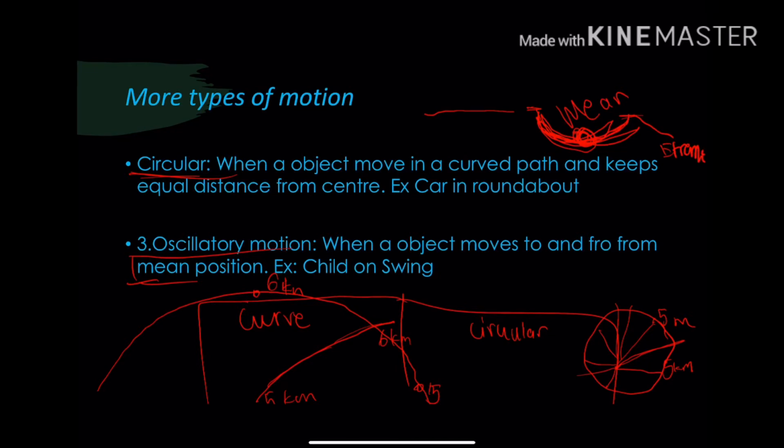The distance from the mean position to the extreme position is called amplitude. So, guys, if you don't understand, I'm going to explain it because I don't have that much space on the slide.